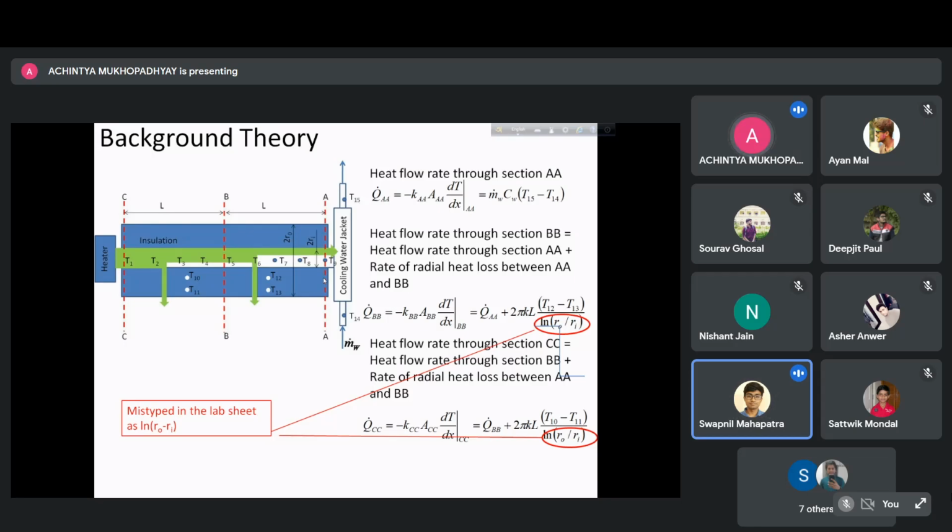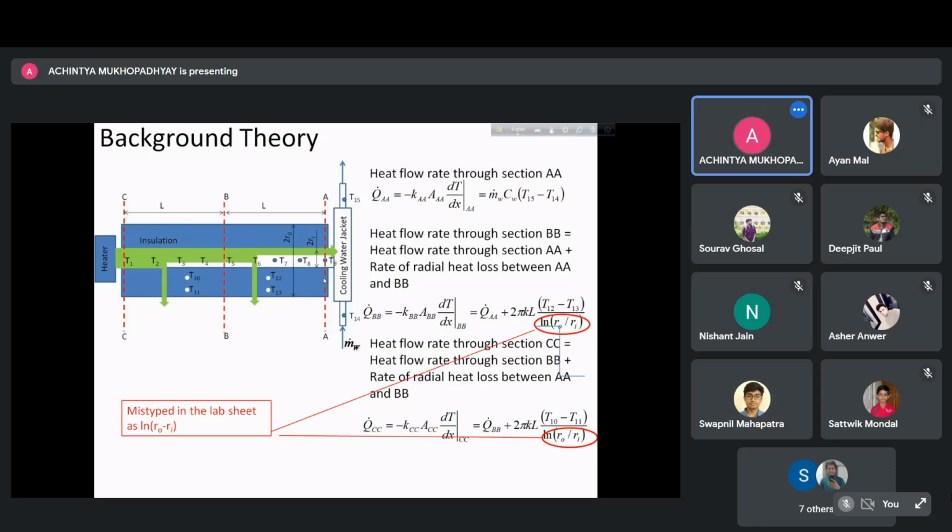From B to A, the energy will be less. Now, my question is, sir, with the assumption you have said, there will still be a little difference in the linear profile, because as the heat energy is getting lower in that rod, the temperature gradient in the insulation will also be decreasing.